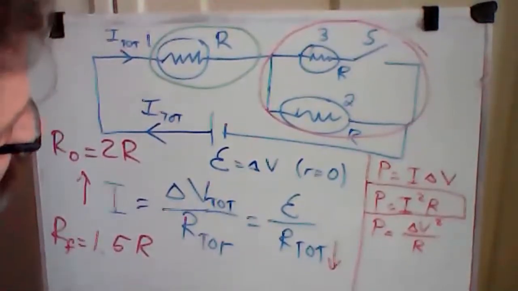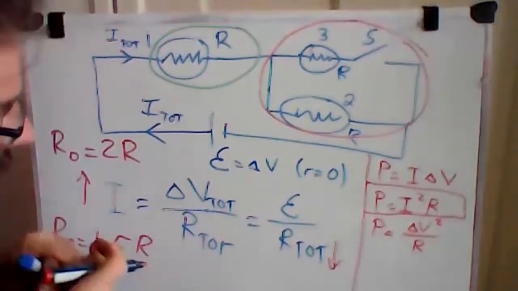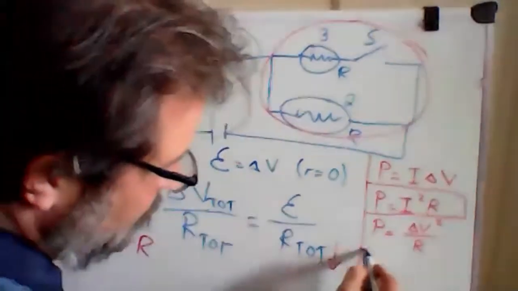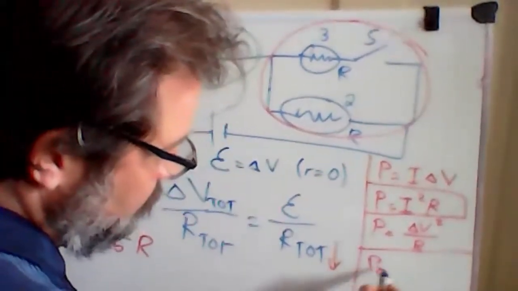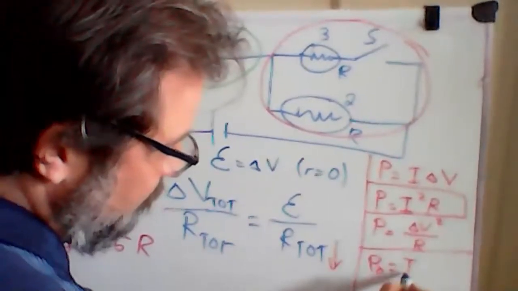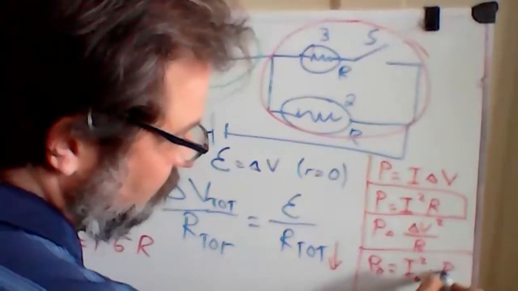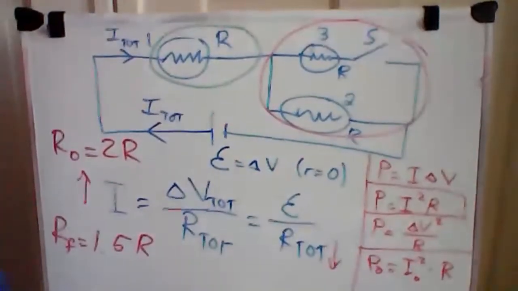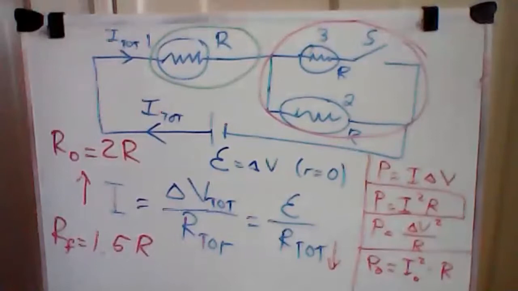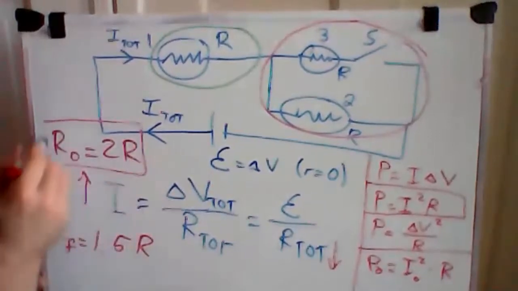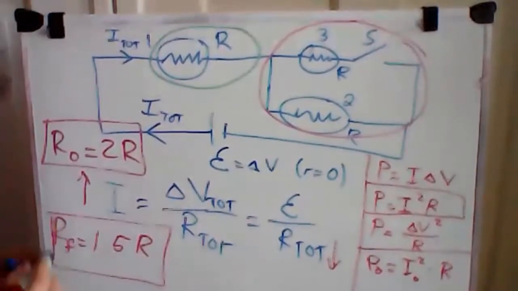Okay. So the current initially is I, okay? So therefore our P0 is just equal to I0 squared times R. There you go. How about the final current? Let's take a look. For the final current, we need to see what's happened to the overall resistance.